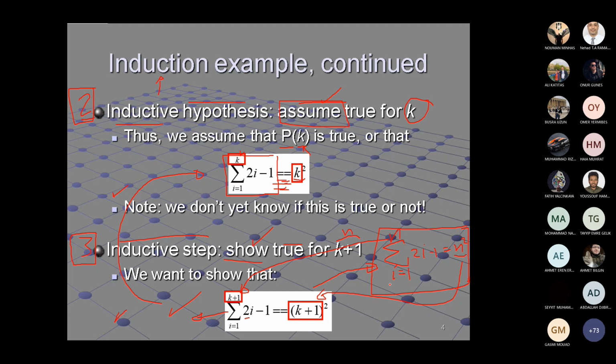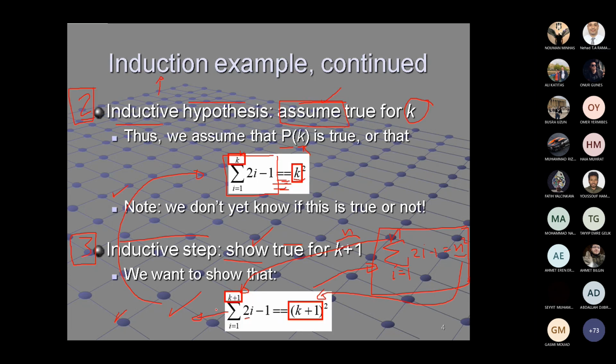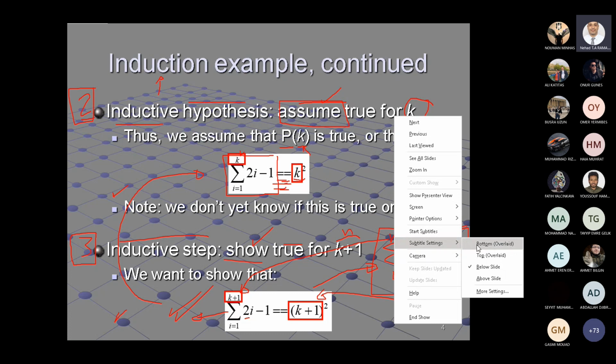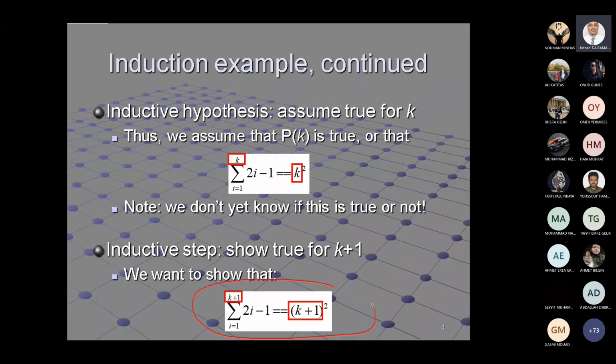Let's do it. Next step, we need to show that this one is true, and we have this one true as an assumption from us.